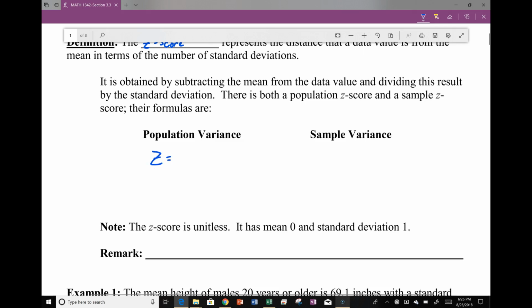So when we're looking at the z-score for population, we have our value minus the population mean divided by the population standard deviation. When we have a sample, it's still going to be a lowercase z, and it's going to be x, which is our data value, minus x bar, which is our sample mean, divided by s, our sample standard deviation.